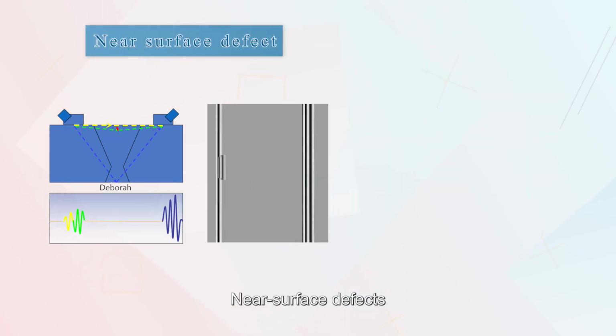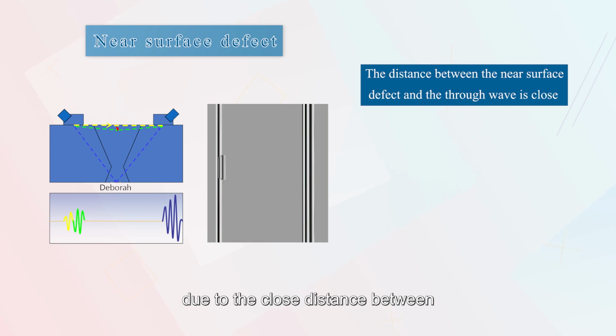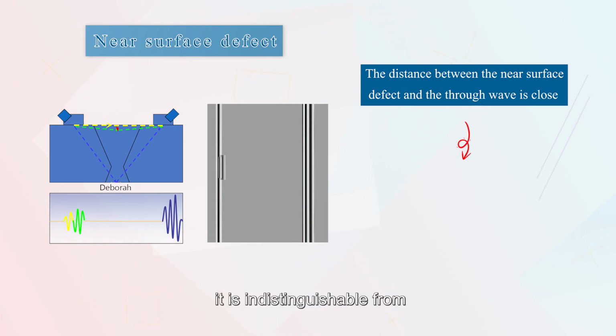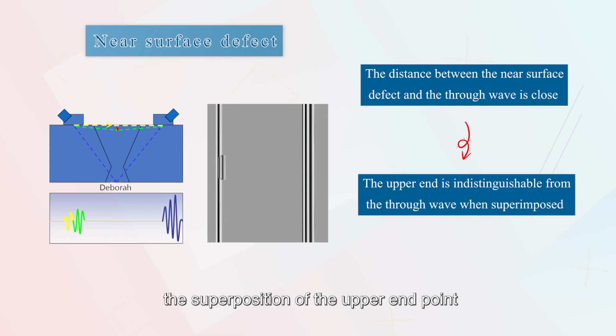Near-surface defects. Due to the close distance between this near-surface defect and the straight-through wave, it is indistinguishable from the superposition of the upper endpoint and the straight-through wave.